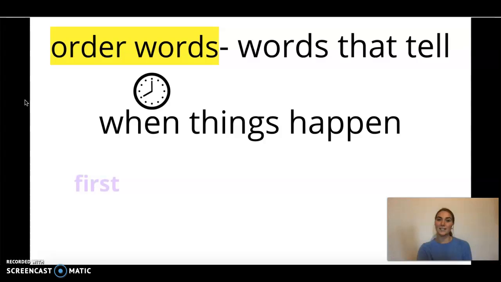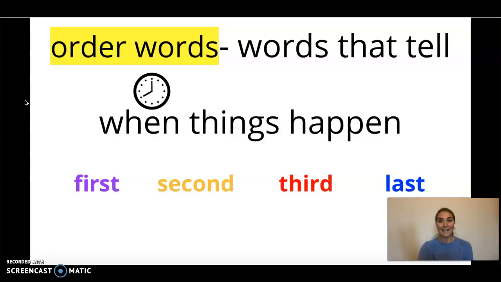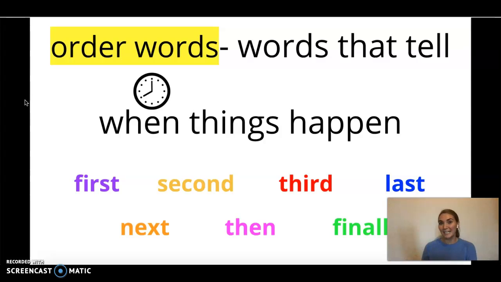Some order words are words like first, second, third, last, next, then, and finally. We can use these words in our writing to tell someone when to do something.